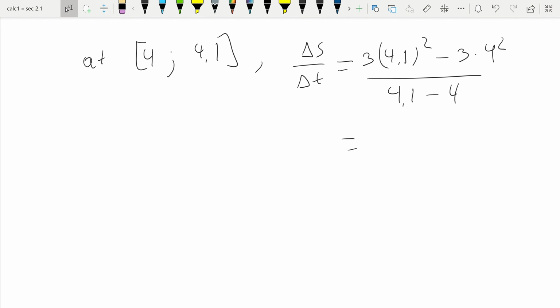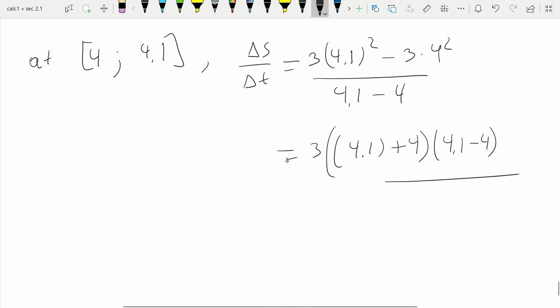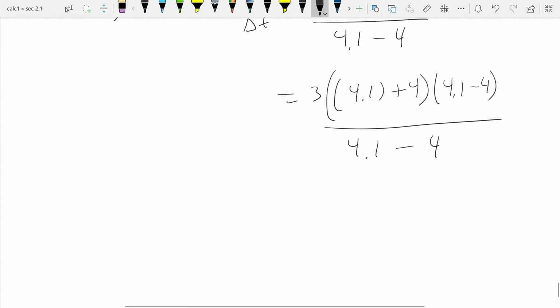This will be equal to 3 times 4.1 plus 4 times 4.1 minus 4, all of that divided by 4.1 minus 4. And this, if you use a calculator, we can simplify this and this, will give us 3 times 8.1.